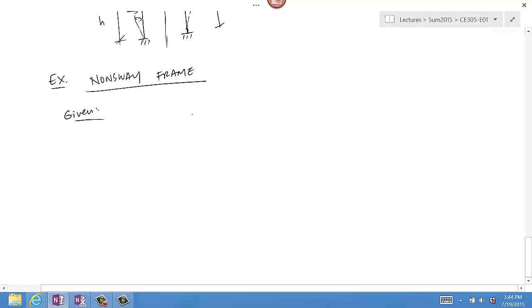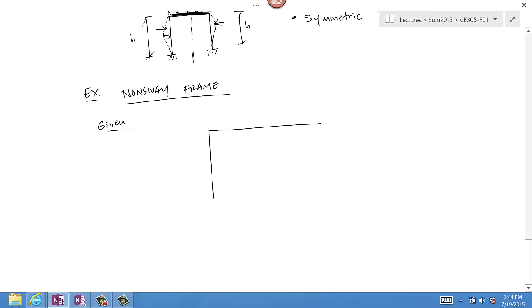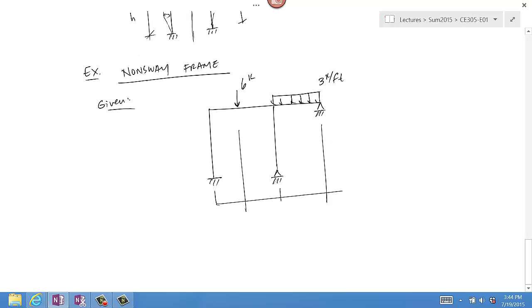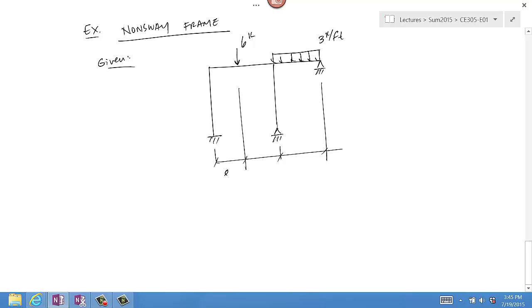Let's say that you're given this frame. The two columns have the same height of 15 feet.